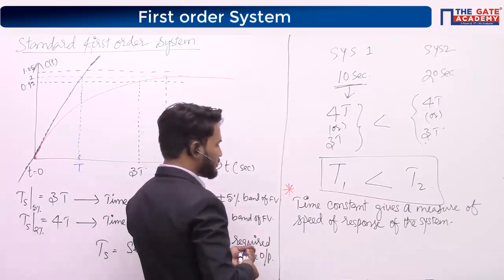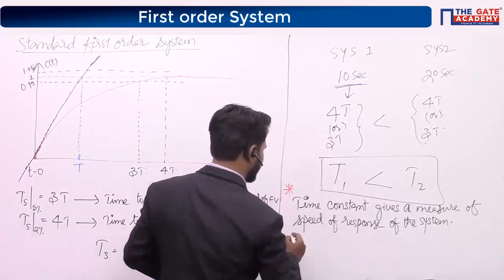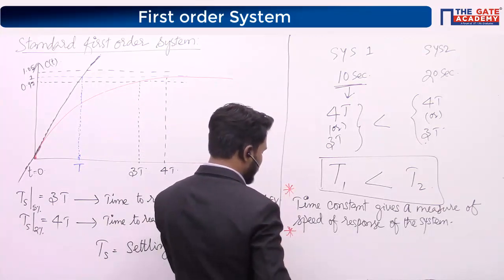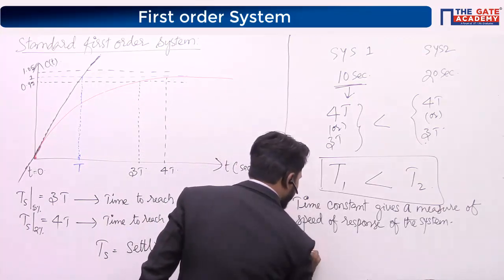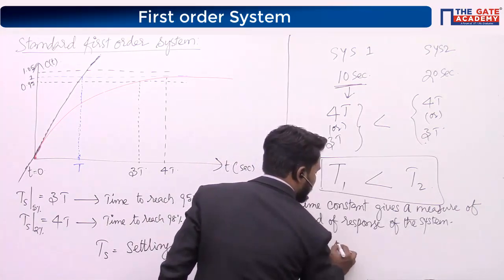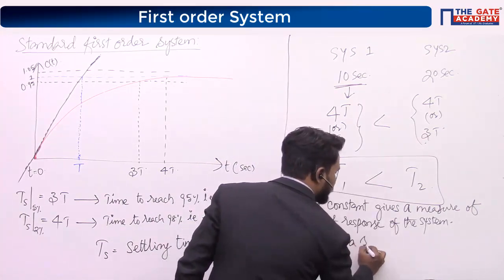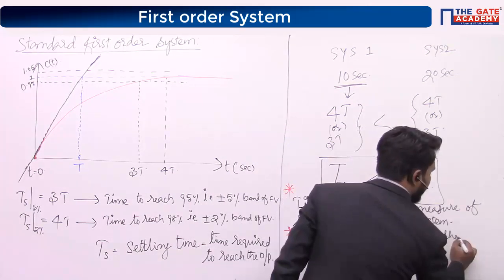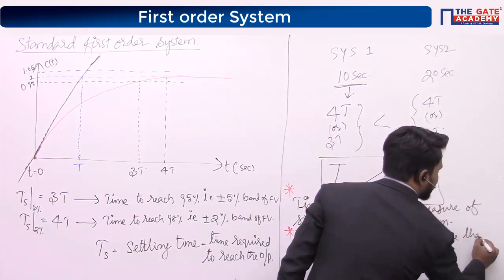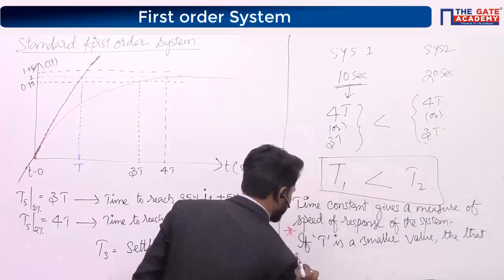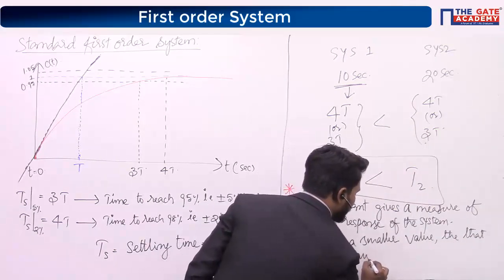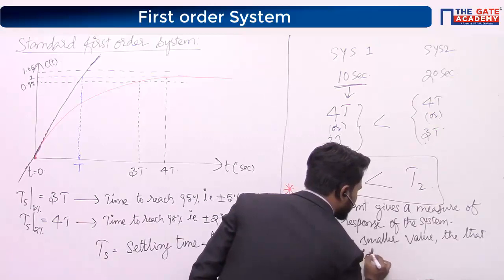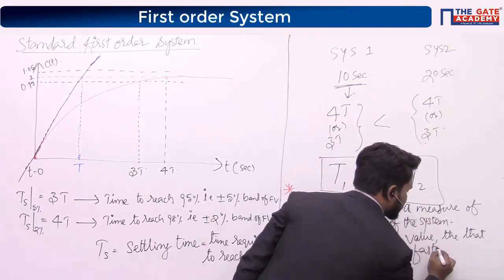So if the time constant is a smaller value, then that system is said to be faster.